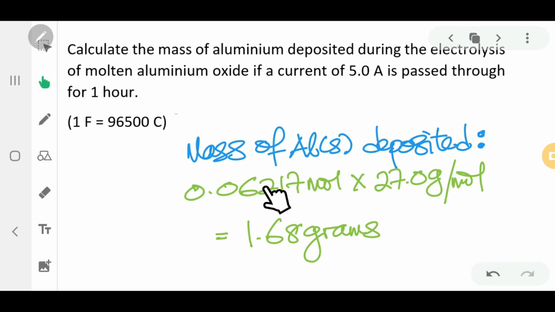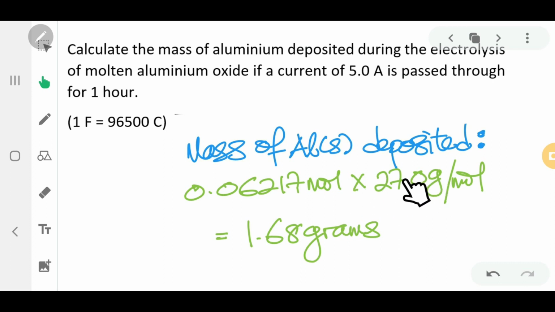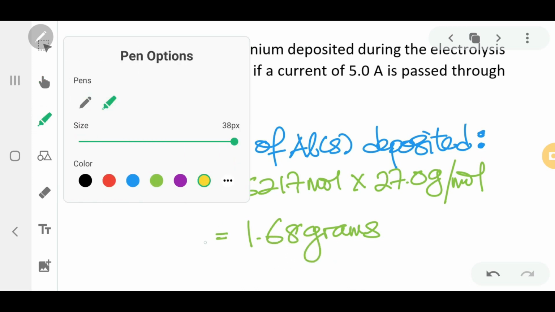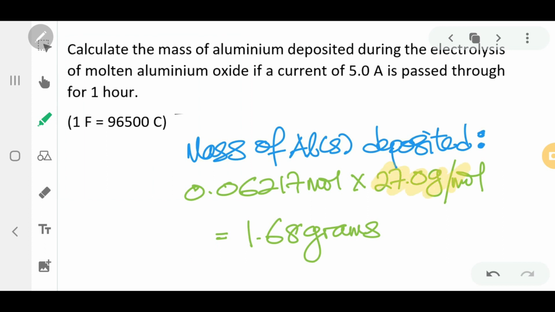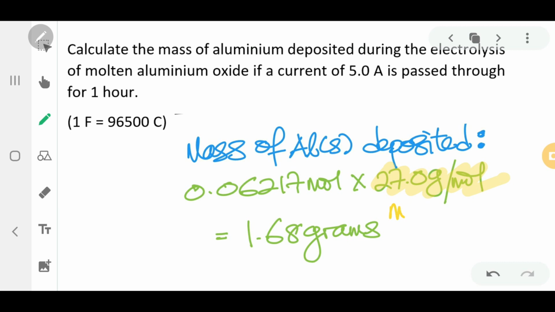You take the number of mole of aluminium solids, which we have worked out in here, and you times with the molar mass of aluminium, which is 27.0 gram per mole. So that is the molar mass for aluminium. Then you get 1.68 grams of aluminium. Okay, so I'm just going to highlight that. So that is the molar mass of aluminium.